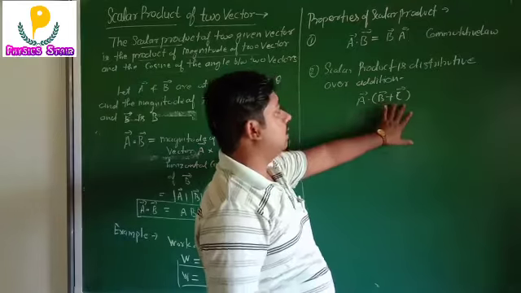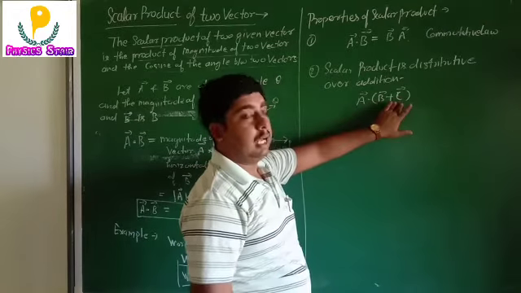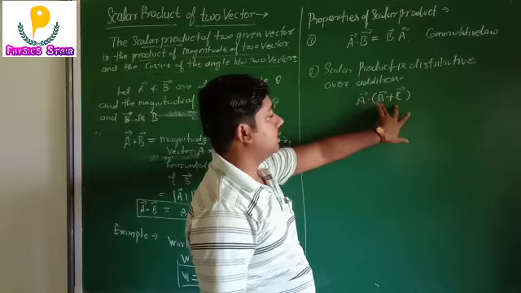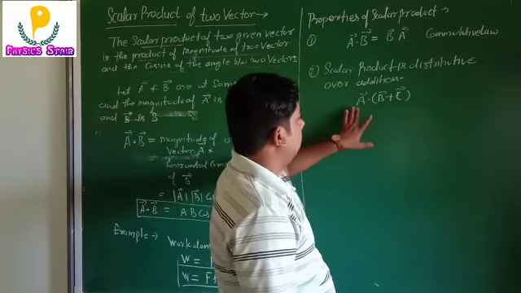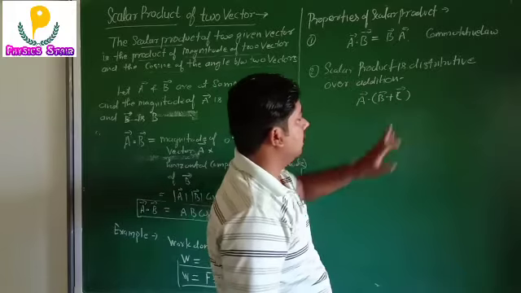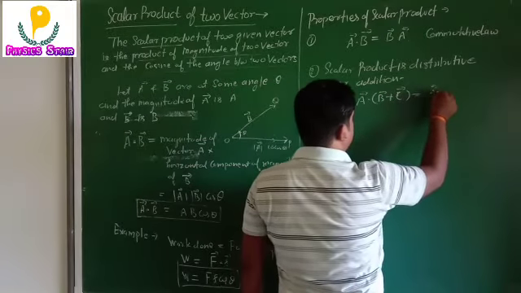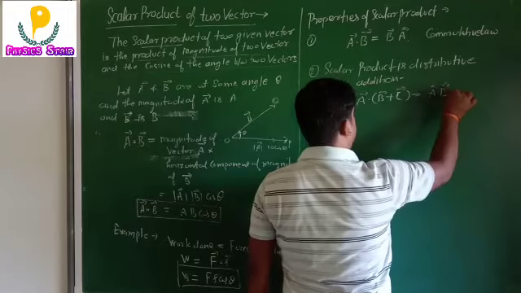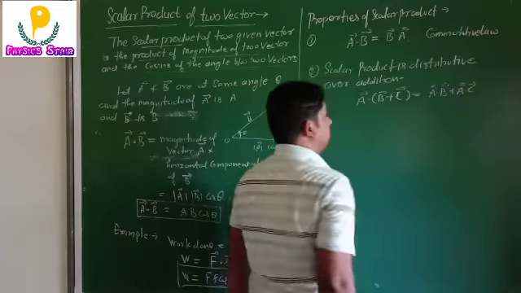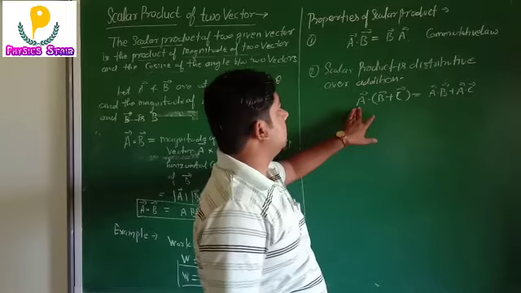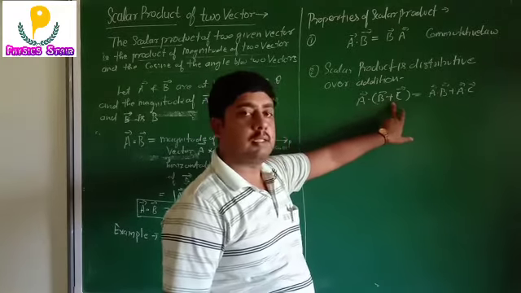If we consider three vectors A, B and C, and the last two vectors are in sum form and A is multiplied with this sum, this gives vector A dot vector B plus vector A dot vector C. This is the product of vector A over the addition.